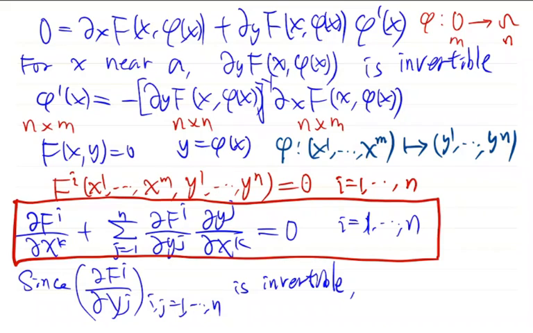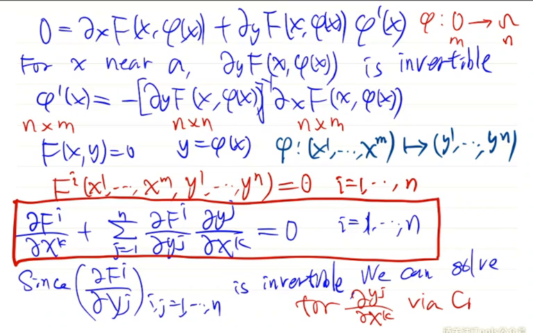We can solve for the partial derivative of yj with respect to xk by the Cramer law. This is linear algebra. Okay.